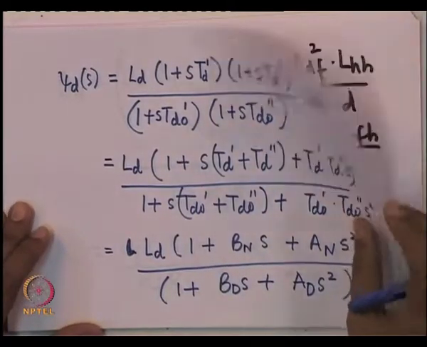So, let me just summarize what I have done. I have got the transfer function in terms of the basic variables of the machine, RF, RH, LFF, LFH, LHH. These are the basic parameters of the machine.